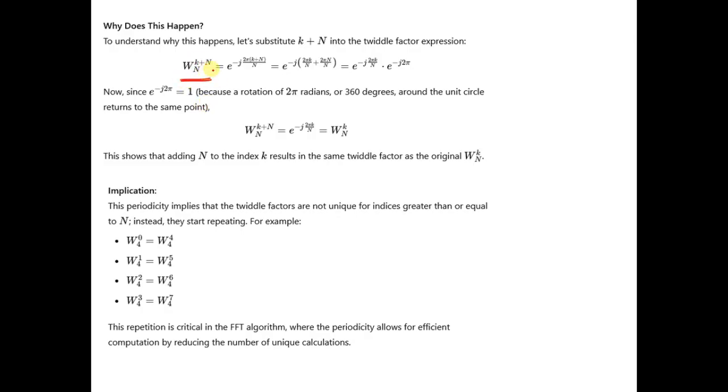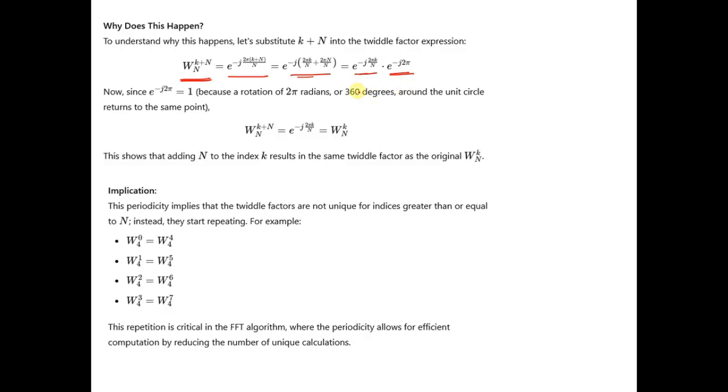See, for k plus N, it is e to the power minus j 2 pi (k plus N) by N. If you break this down over here, this gives e to the power minus j 2 pi.